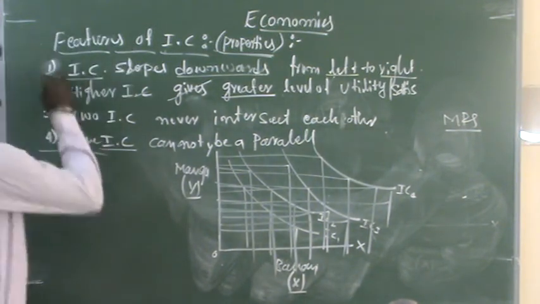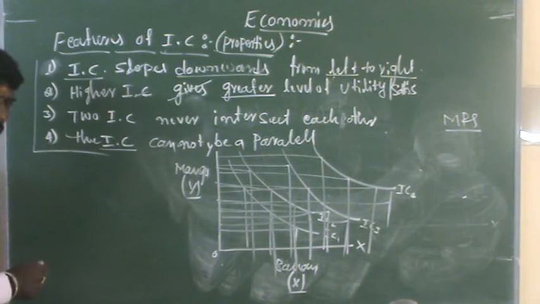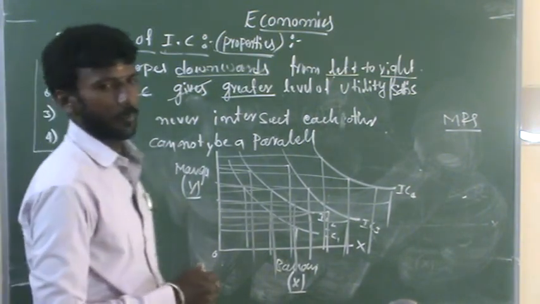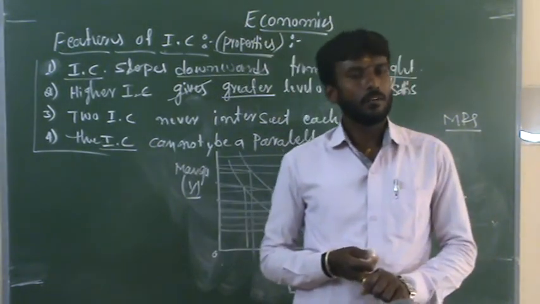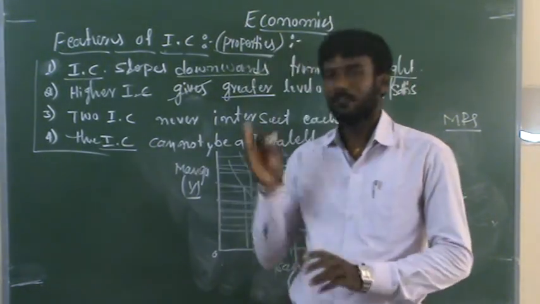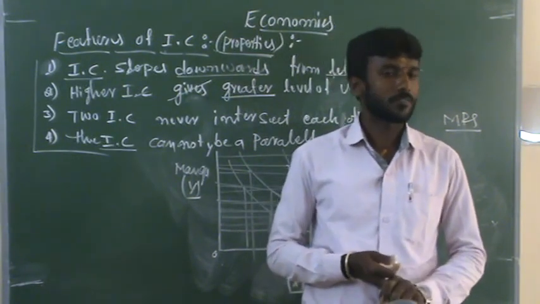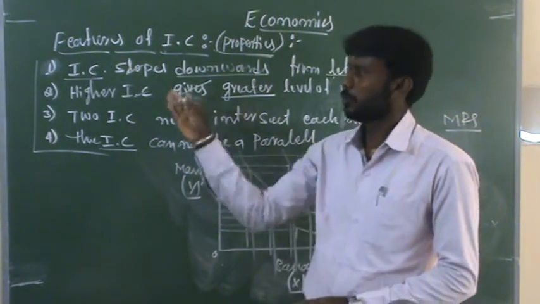Now these four are very important features or properties of the indifference curve. From our examination point of view, this is a very important question for 6 marks as well as 2 marks. 2 marks means mention the features of the property.